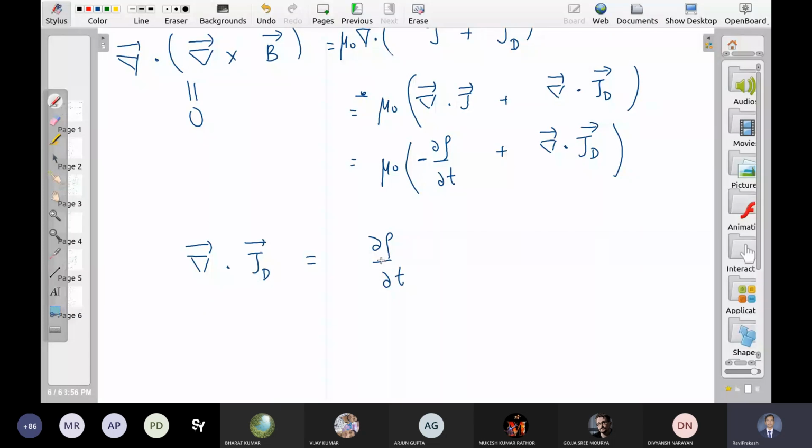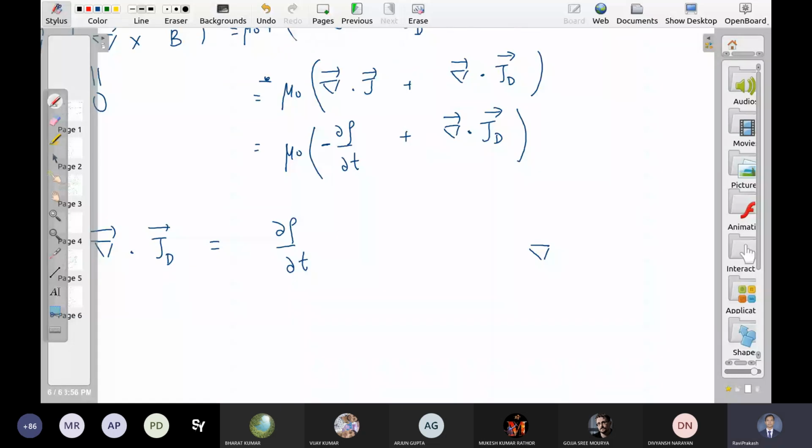If there is some charge or some charge density, there will be some electric field as well. यदि कहीं charge है तो electric field भी होगा. What is that electric field? Obviously this equation, right? Or I can say this rho is equal to epsilon naught del dot E. Now this del is derivative with respect to positions.